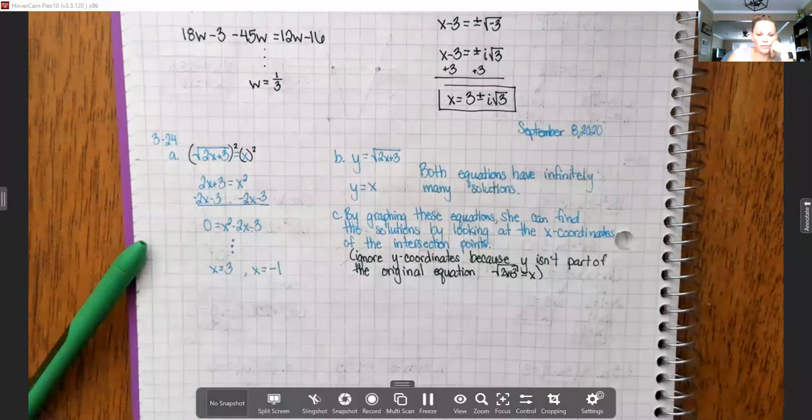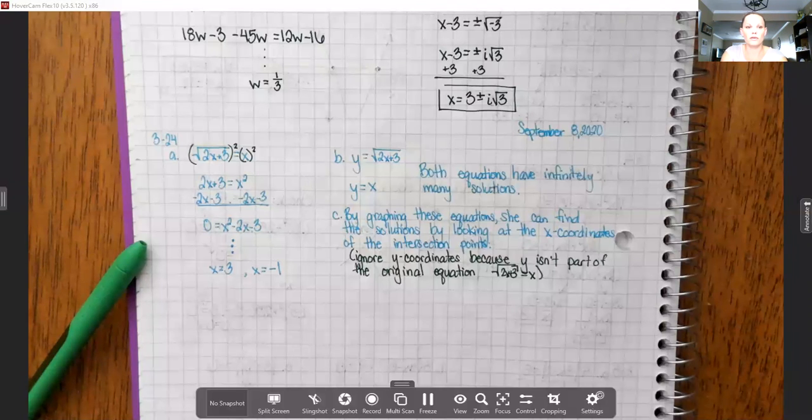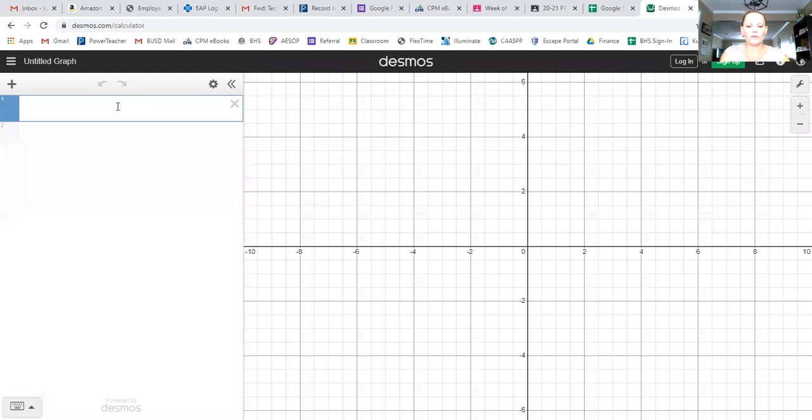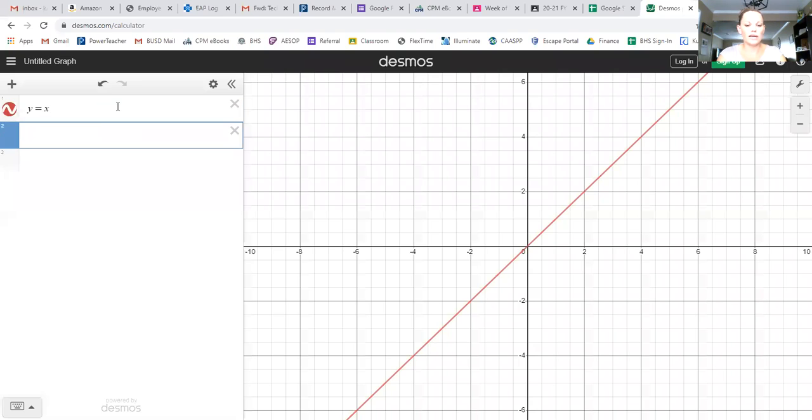So if I pull up Desmos or get out your graphing calculator, so I have the equations y equals x and y equals the square root of 2x plus 3.